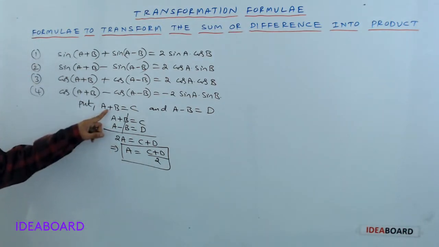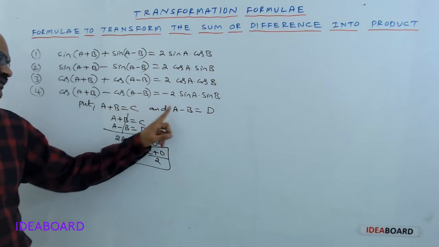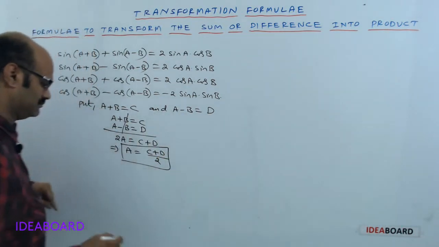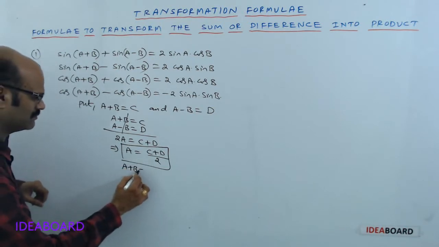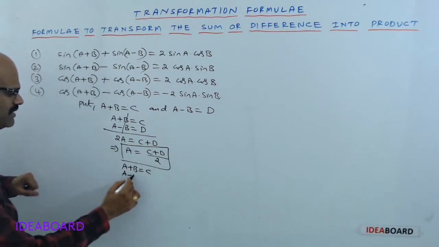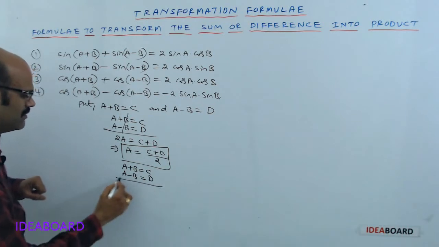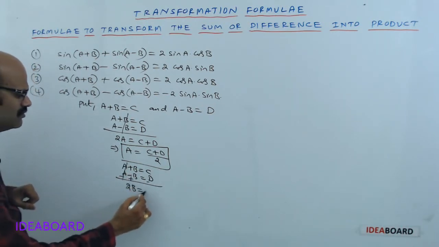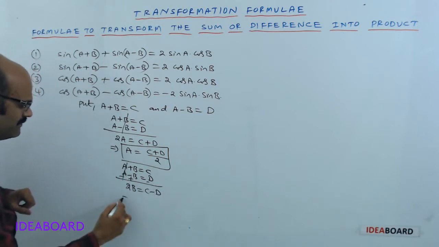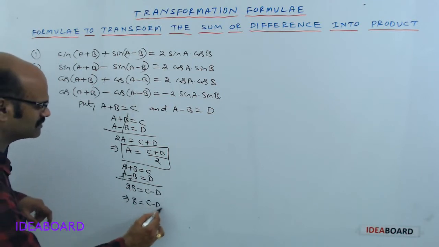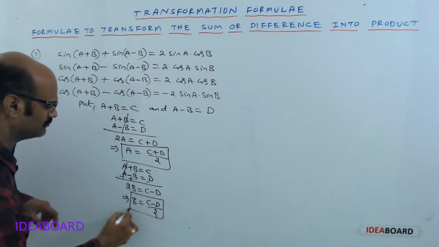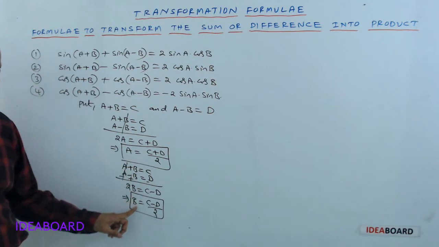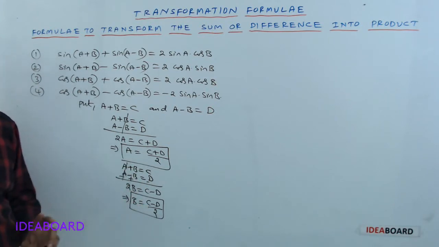Now find b from these two. A plus b equal to c, a minus b equal to d, subtracting. So 2b equal to c minus d. It implies b equal to c minus d by 2. So here a equal to c plus d by 2 and b equal to c minus d by 2.